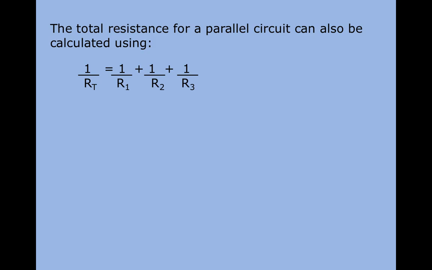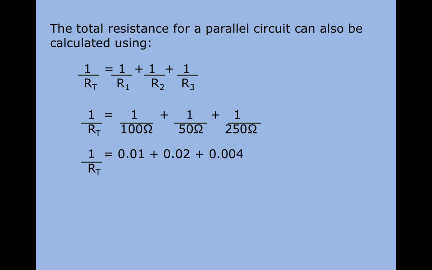If we apply this to our circuit, let's plug those numbers in. Right? Resistor 1 had a resistance of 100 ohms, resistor 2 was 50 ohms, and resistor 3 was 250 ohms. Okay. Again, I recommend that you pause the video, try to do this calculation on your own, and then check your work. So when you simply just divide these, right, here's what you get.